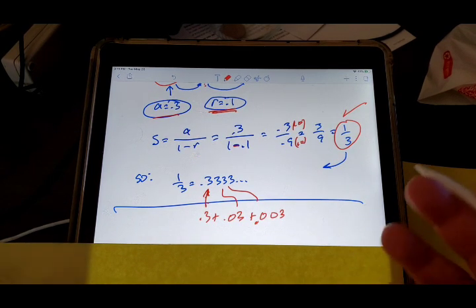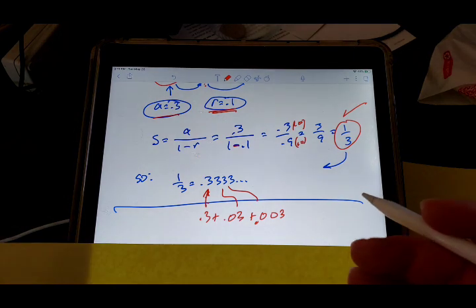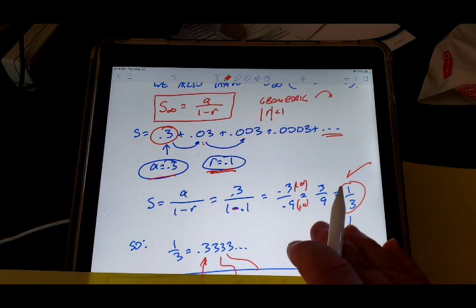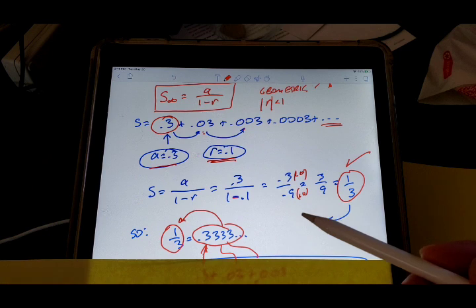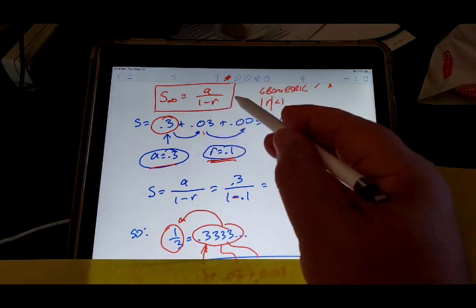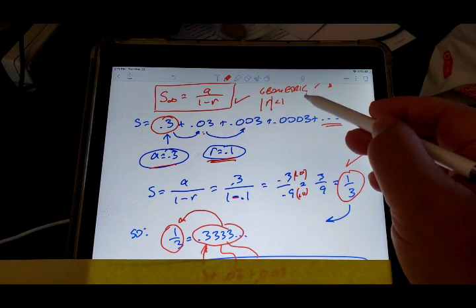So if at some point you ever asked, why is 1/3 0.333 repeating? Why does it go on forever? We've kind of asked the other side of that question. Why is 0.333 repeating equal to 1/3? Well, we can take this list and prove essentially that it's 1/3 by using this formula and our understanding of geometric series.